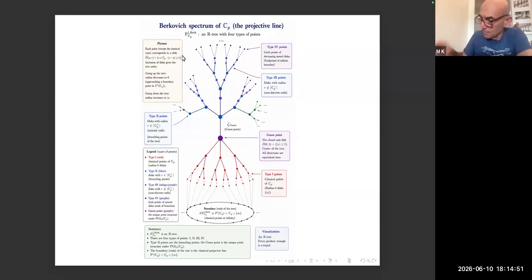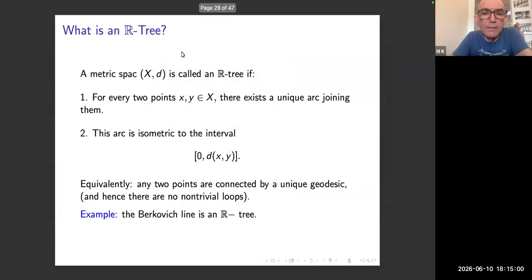So I can maybe move on instead of focusing on this. So what is an R-tree? Now let's define: an R-tree is a metric space, exactly like the way I defined. The examples are the Berkovich line.